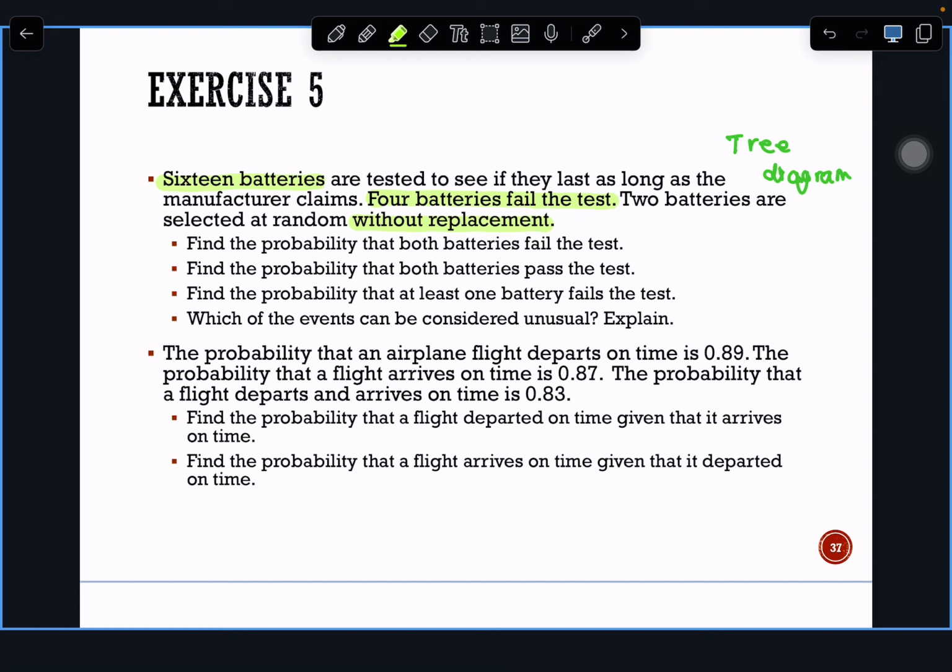Yes, dia ambil, lepas tu dia tak letak balik. Okay. So in an experiment, you have to pay attention to this word. If you don't have this word, assume no replacement. We will mention if we put back.